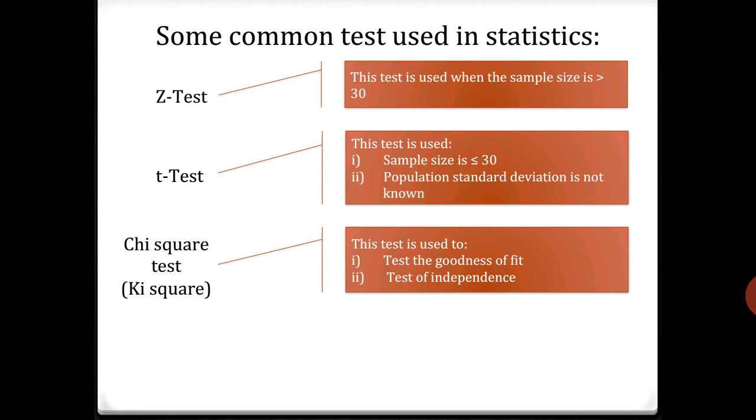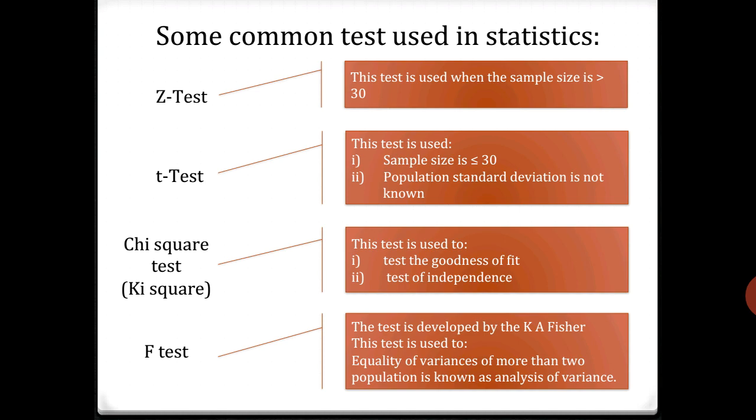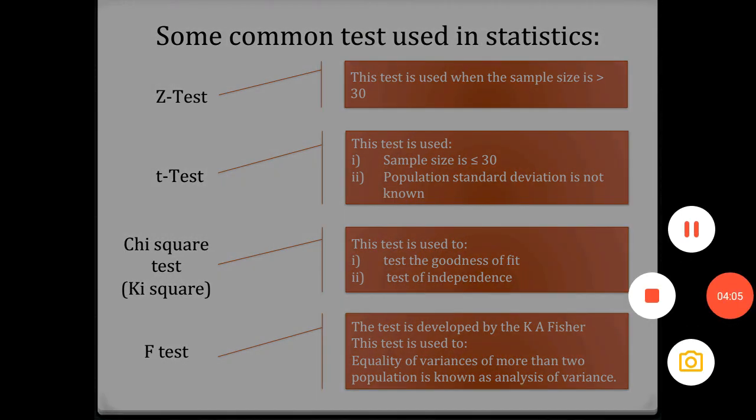On the basis of that data, we use the chi-square test to find out the independence of each variable from the others. The last one is very important, which is the F test. The test was developed by R.A. Fisher. This test is used for equality of variances of more than two populations and is known as analysis of variance.